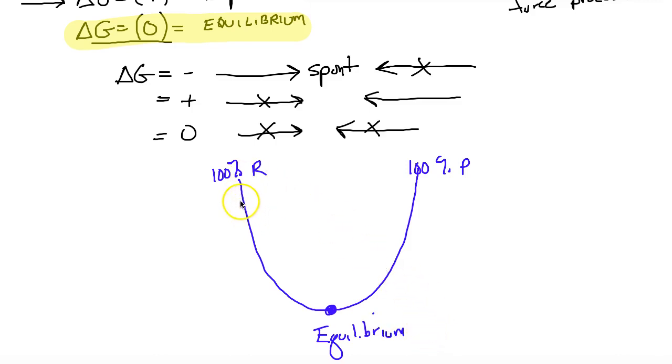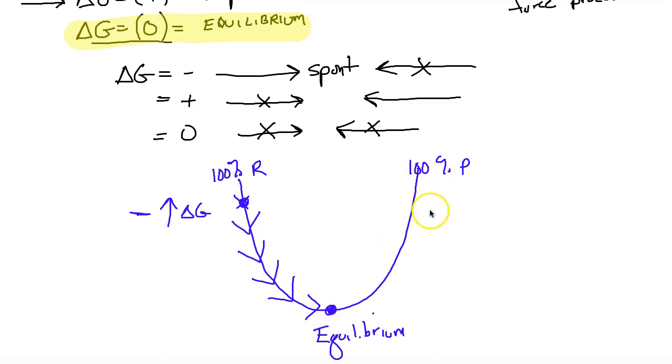The farther that we're away from equilibrium, the greater the spontaneity, the greater the negative delta G. So if I'm in this position, I'm so far away from equilibrium, I'm a high negative. And I move toward equilibrium. As I get toward equilibrium, delta G becomes less negative until it becomes 0.